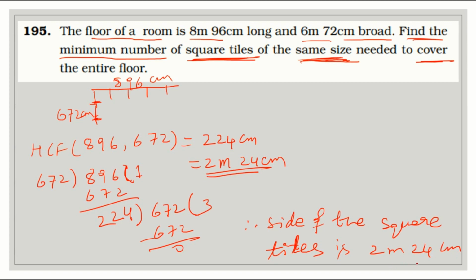Now we got the side of the square tile, but how many such tiles can you cover?